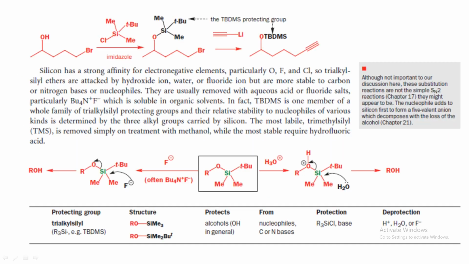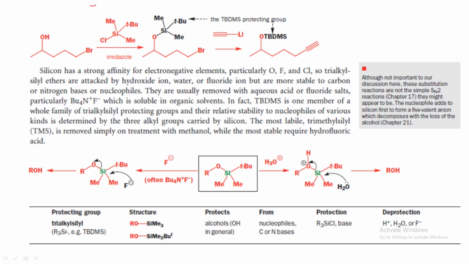So as I said in my starting introduction, today we are going to do most of the protection and deprotection chemistry. Two key concepts I am going to briefly discuss. For oxygen cases, some of the useful protection groups are silicon-based protection groups.